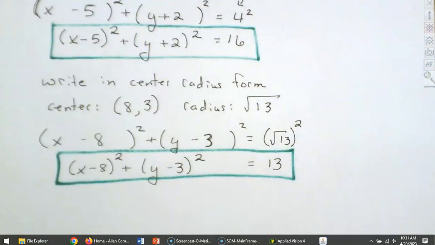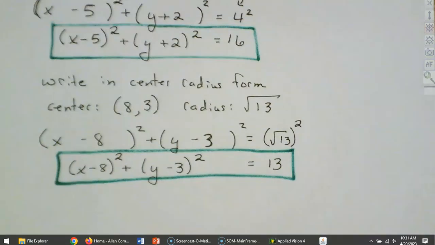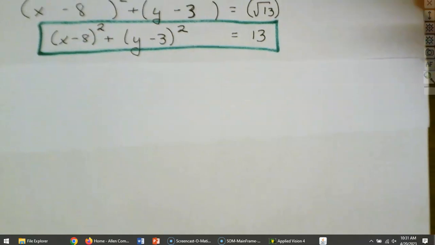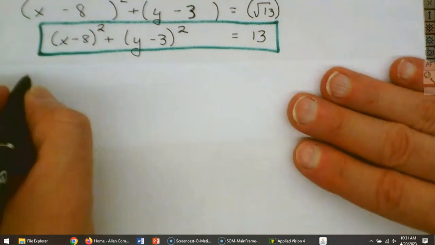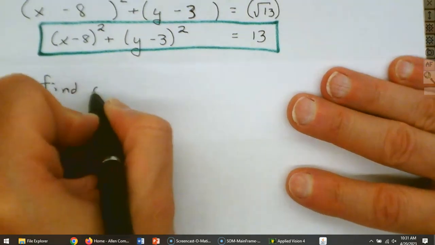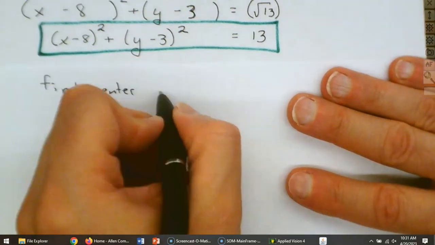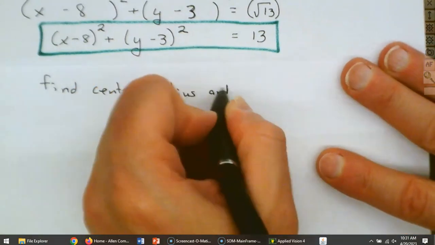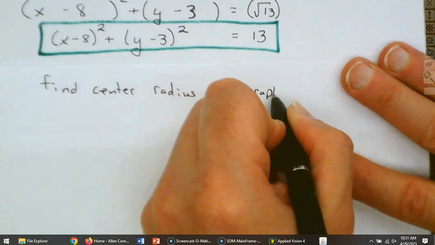Now we're going to go the opposite. I'm going to give you an equation, and we're going to graph this circle. So we're going to find the center, radius, and we'll graph the circle.